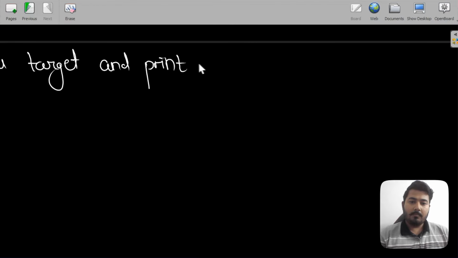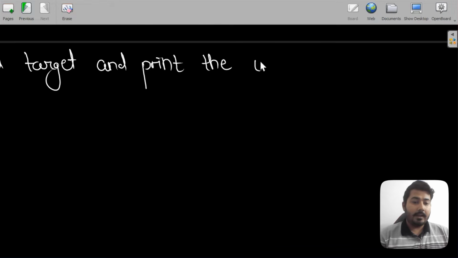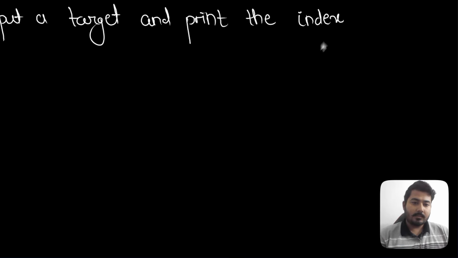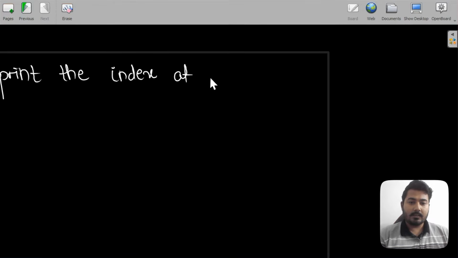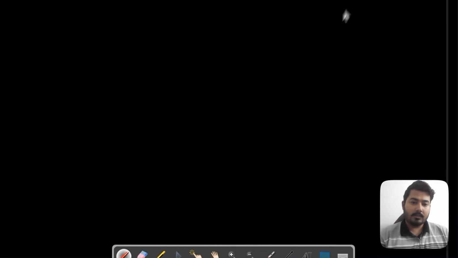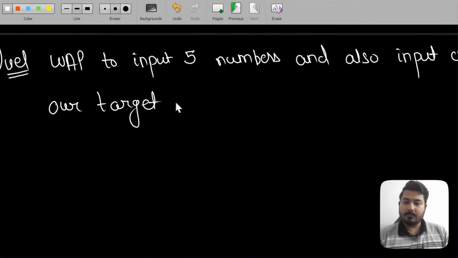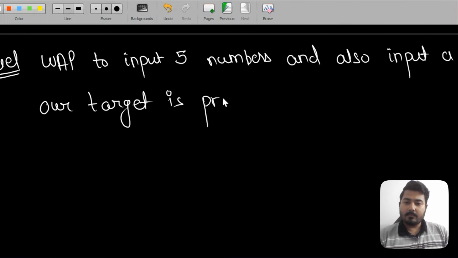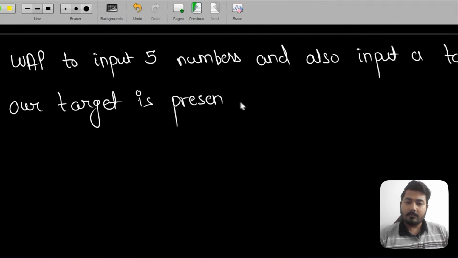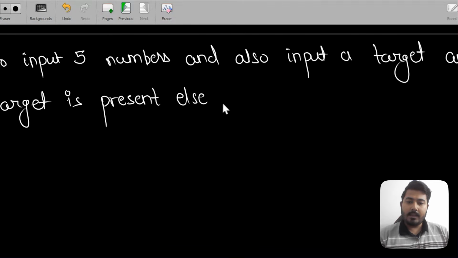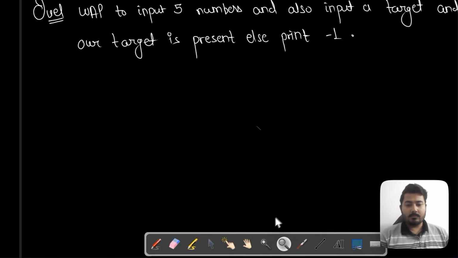And print the index at which our target is present. Else print -1. That is what our question is.